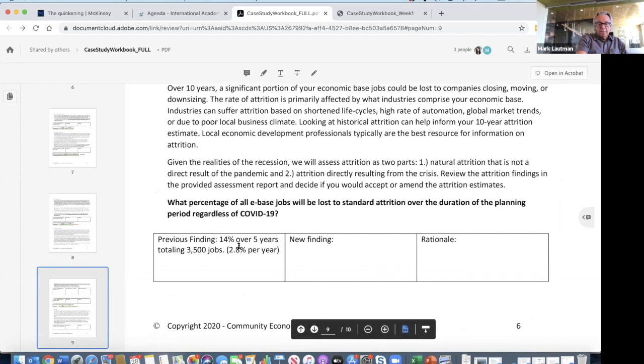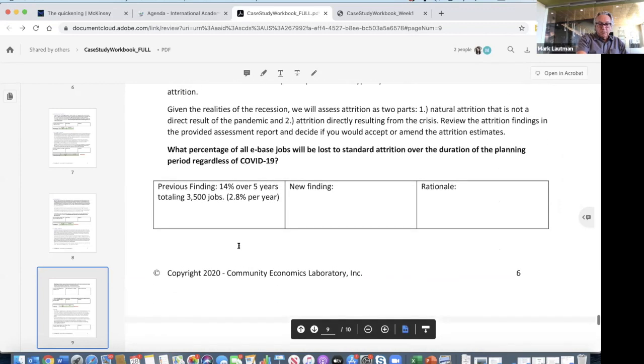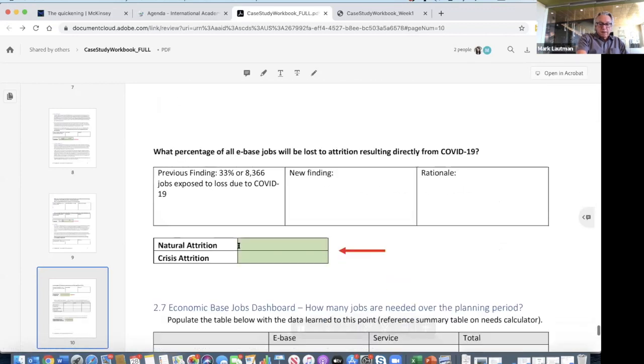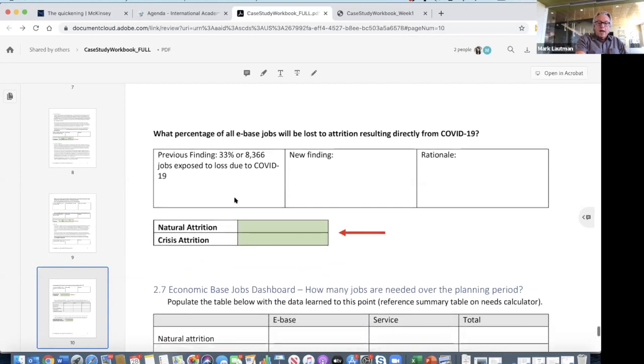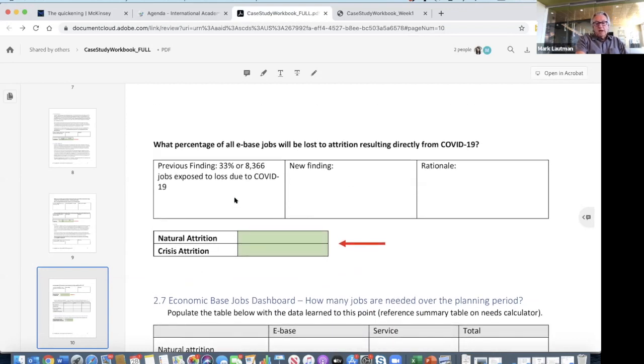So previous finding, 14 years, so we just went through that one. 33% of the jobs exposed to COVID. Okay, this is where we started looking at what happened with the lockdown for COVID. What did it do to the service sector?